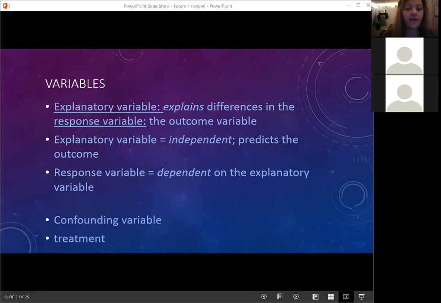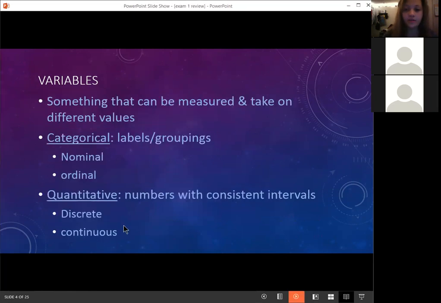If we want to control for confounding variables, we would do a randomized experiment, which is where the term treatment comes into play, because if we do a randomized experiment, there's going to be some sort of treatment. Remember, treatment is when we put some type of manipulation on our participants, and that would be something that you do in an experiment.